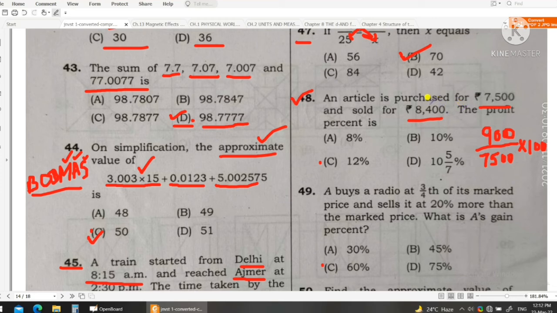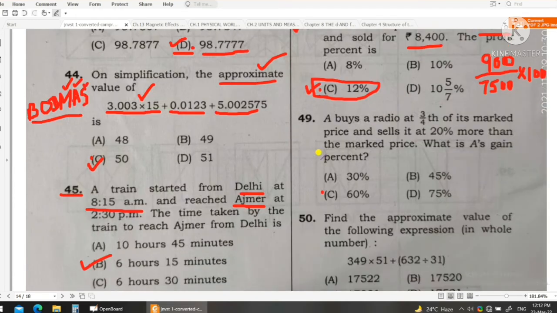Selling price is 8400 and purchasing price is 7500. The difference of these two amounts is 900. 900 when divided by 7500 and multiplied by 100, then you will get the value of profit percent equal to 12%. So this is the answer for question number 48.